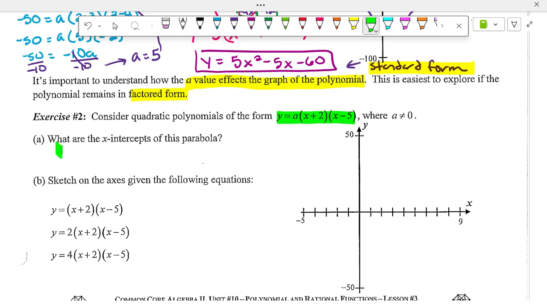The way you could have done it is that you could have set both of those factors equal to 0 and solved them separately. So you would get -2 and 5. So these are my x-intercepts, which I'm going to graph here. So I have -2 and +5.